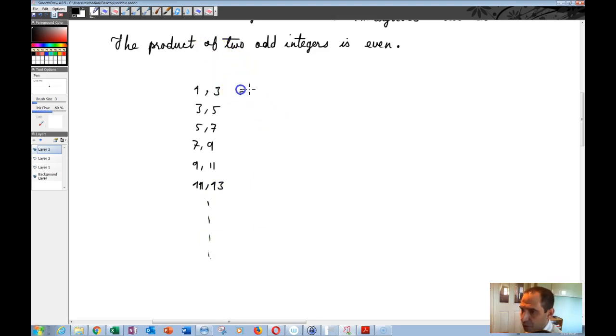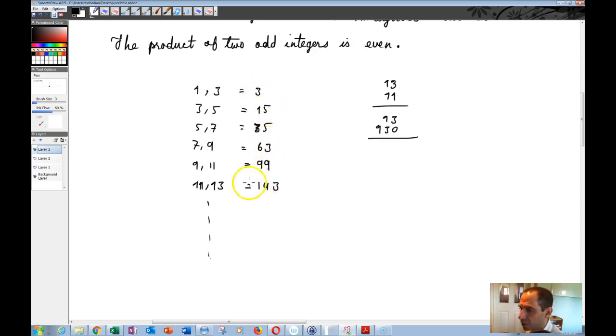The product of these two is 3, then 15, 35, 63, 99, and 13 times 11 is 143. So you see that all of these numbers are actually odd numbers: 3, 15, 35, 63, 99, 143.